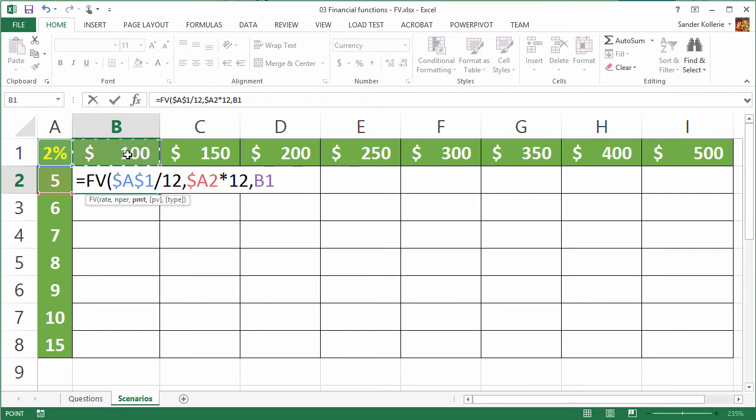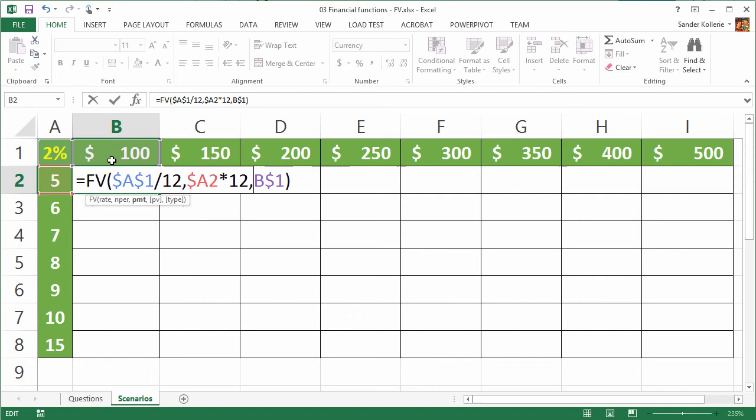And then there's the payment. And it's the same thing as the years, only now we want to be sure that this row stays in place. So we are going to press F4 and again. And now the dollar sign is in front of the 1, so the B can change, and that's fine, to another column, but the 1 will stay in place, right? And there's one more trick that we need to do, because if I just close the function now and press enter, then we get a negative value in here, and we don't want that.